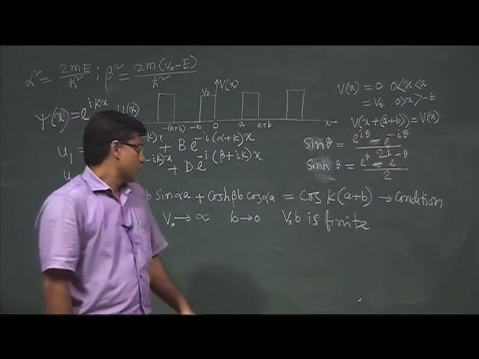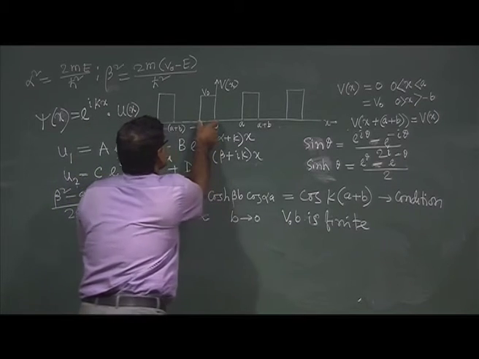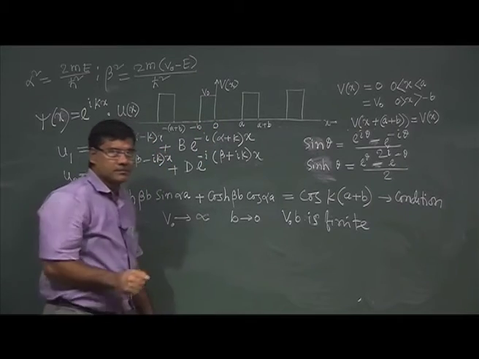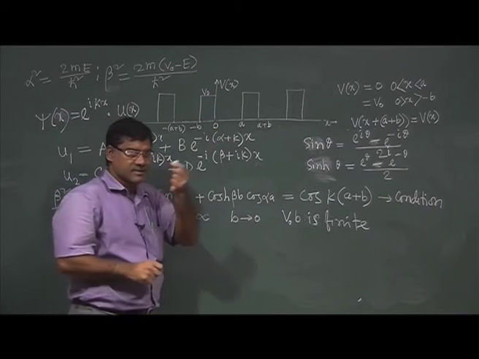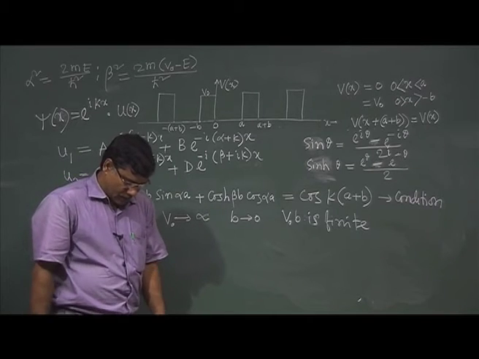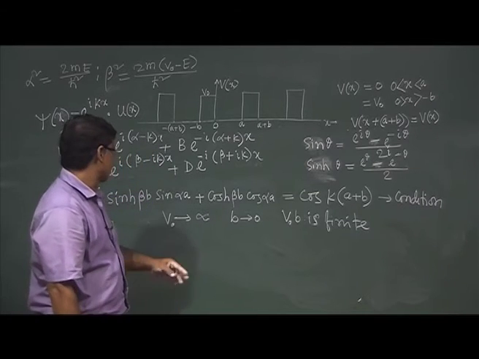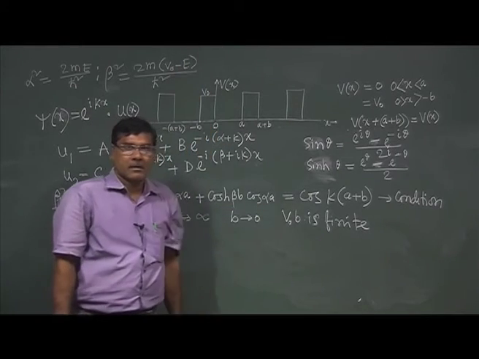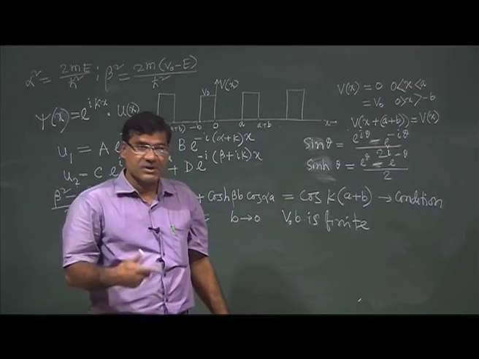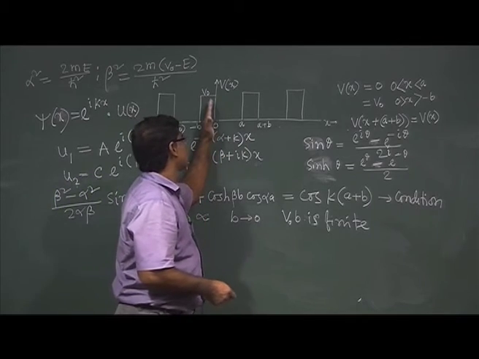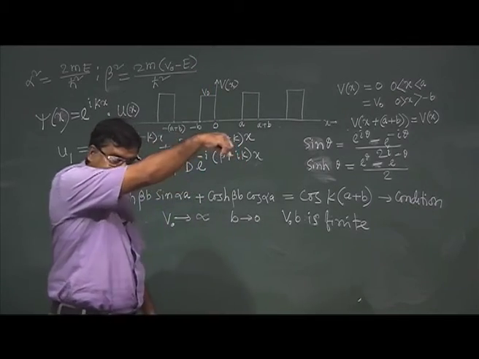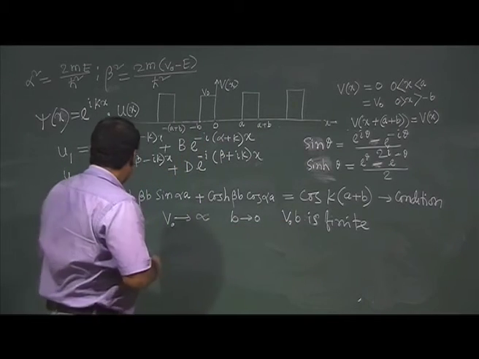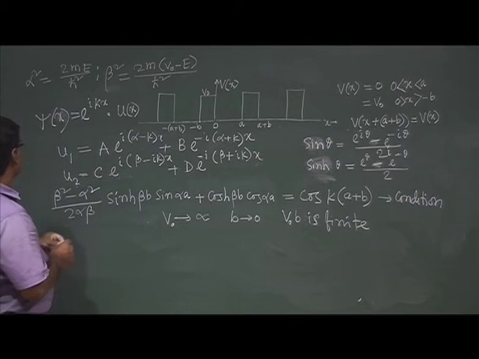So b tends to 0 means the width of this barrier is small, and V0 tends to infinity means this potential is very high. Under this condition, we can simplify.